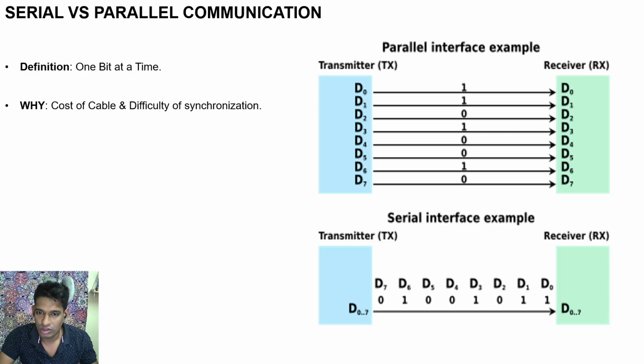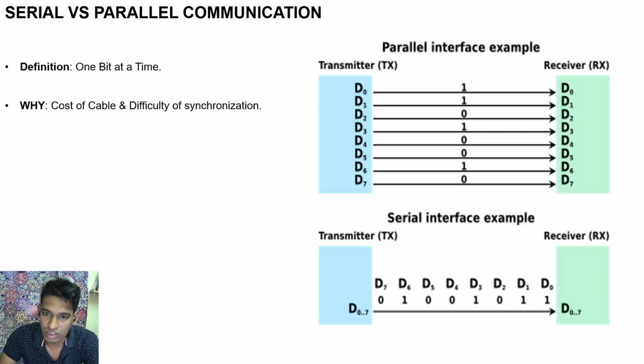In a parallel fashion, you're sending all the bits at once, so you just take one clock cycle and your entire 8 bits, or 1 byte, is transferred in one clock cycle. But in a serial interface, you need 8 clock cycles to send the 8 bits. So if you have 8-bit data, you need 8 times more clock cycles.